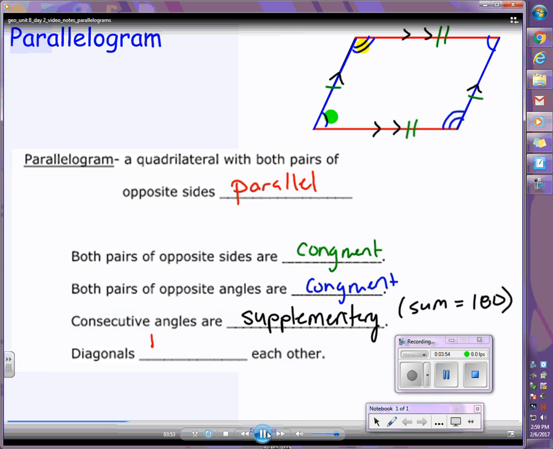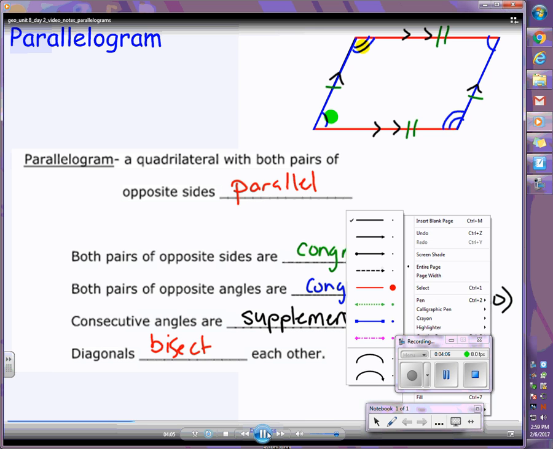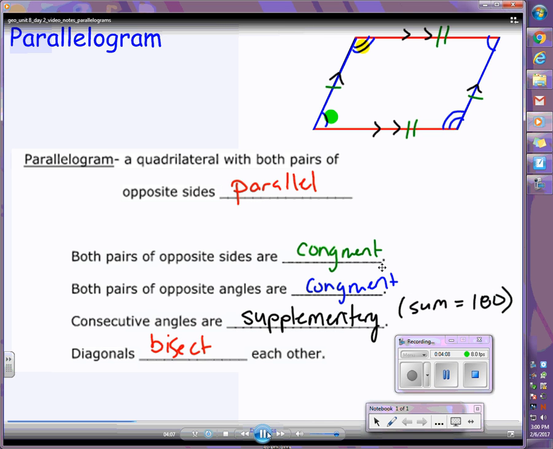And then the last statement reads, diagonals bisect each other. Bisect means cut into two equal parts. When you draw your diagonals on your picture, make sure you draw them dashed because they're technically invisible. So when you draw them dashed, you're indicating that they're kind of invisible, but they still exist.